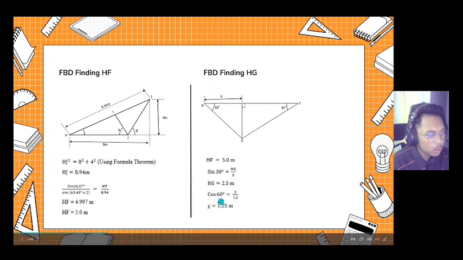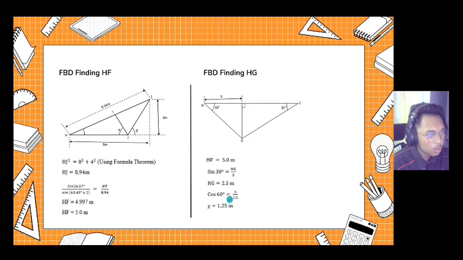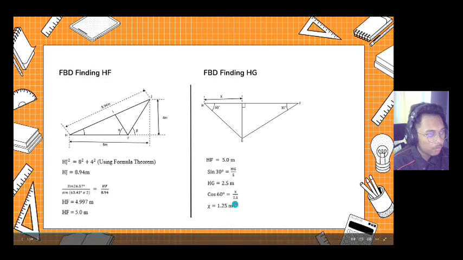So we use the formula cos 60 equal x per HG, alright. So x equal to 1.25.